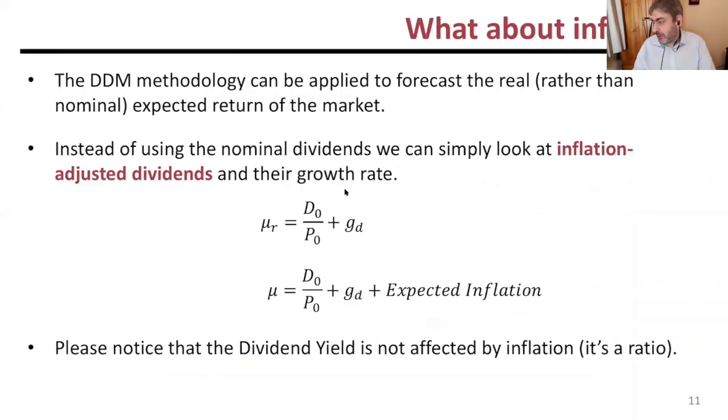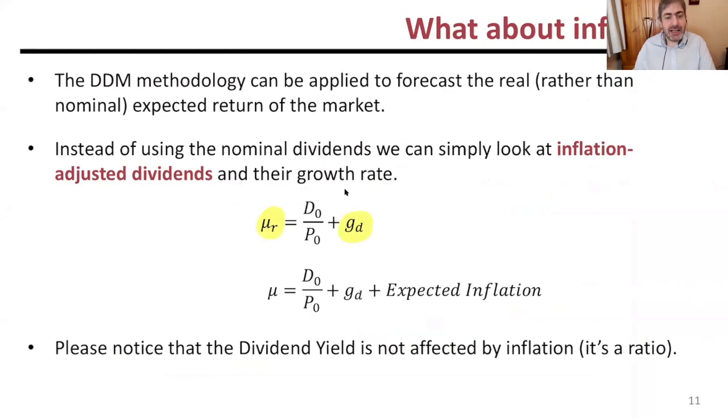We're going to look at real returns, real dividends. The idea is that we're going to estimate the growth rate of real dividends, and this will give us the expected return in real terms.